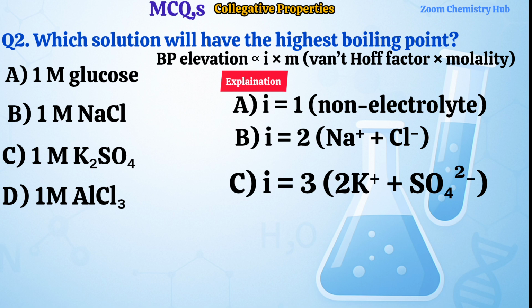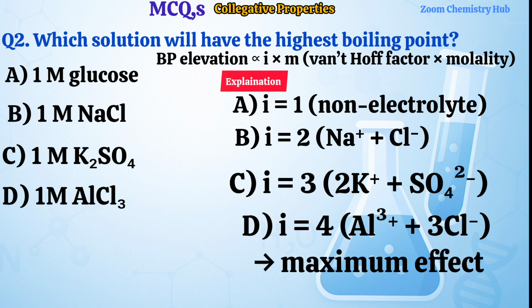Similarly, option D, that is the 1 molar solution of aluminum trichloride. When aluminum trichloride ionizes into its ions, it gives 4 ions, 1 aluminum ion and 3 chloride ions, so the maximum number of ions is here, that is i is equal to 4.